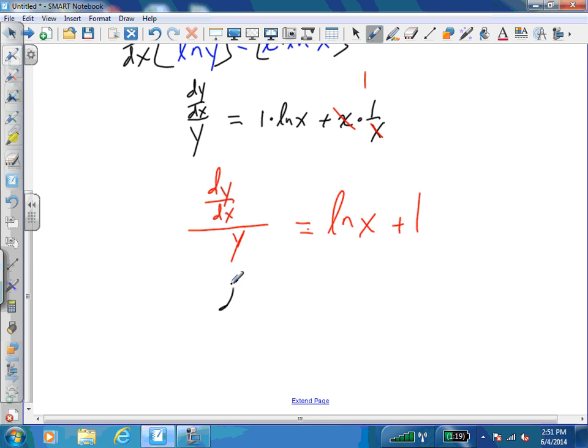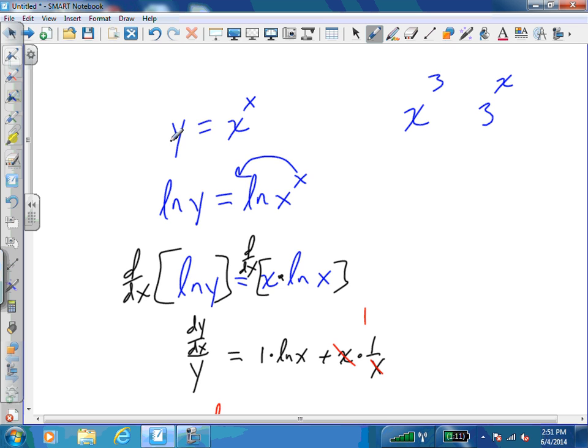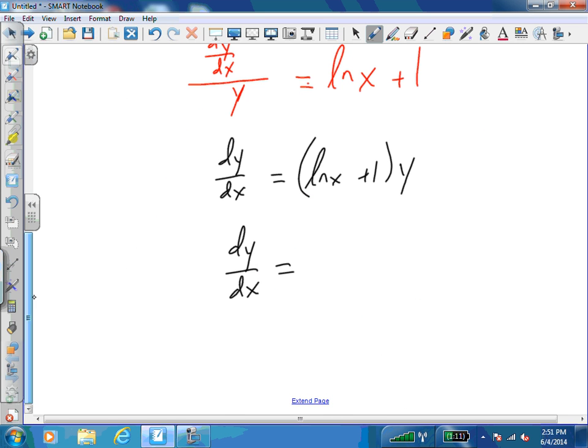Multiply both sides by y. But what is y? Originally, we said that y is just x to the x. So instead of calling that y, that's x to the x.